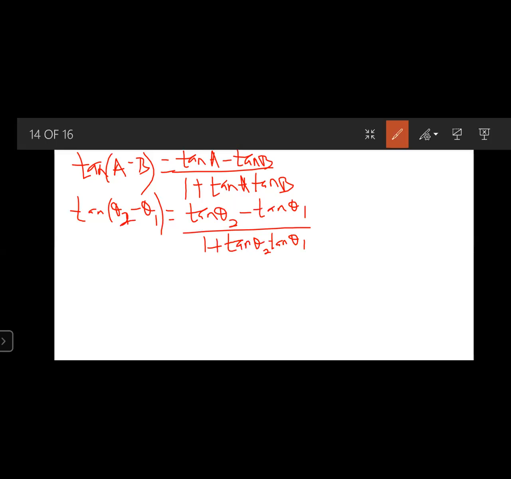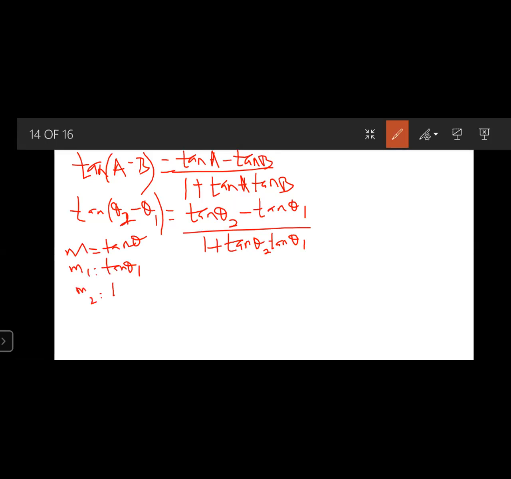But don't forget, when we started, we said m equals tan theta. So let m1 represent tan theta 1 and m2 represent tan theta 2.